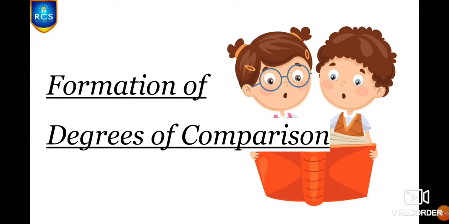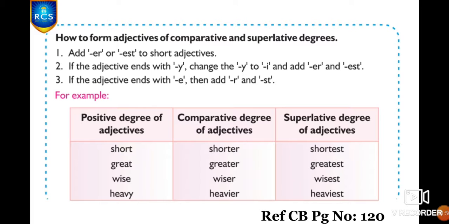Now let's learn about the formation of degrees of comparison and how to form adjectives of comparative and superlative degrees. There are 4 points for that. First one is add er or est to short adjectives.